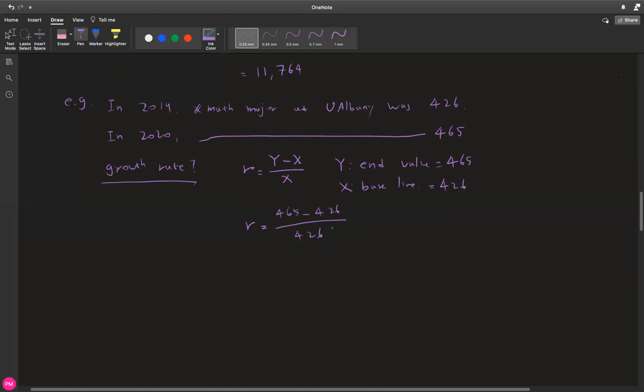If you plug this into a calculator, you would receive something very similar to this, which implies approximately 0.0915. And that is actually the same as saying it's 9.15% growth. And this notation I've already used a few times is the approximately.